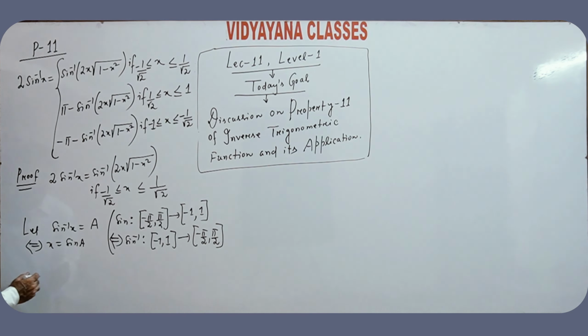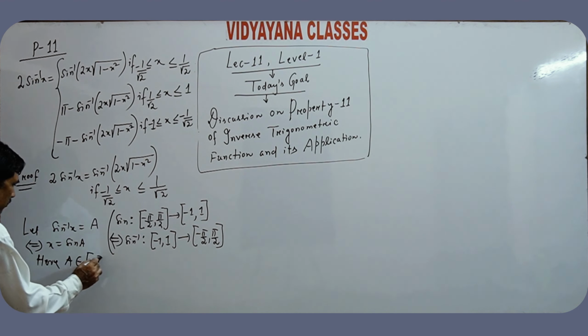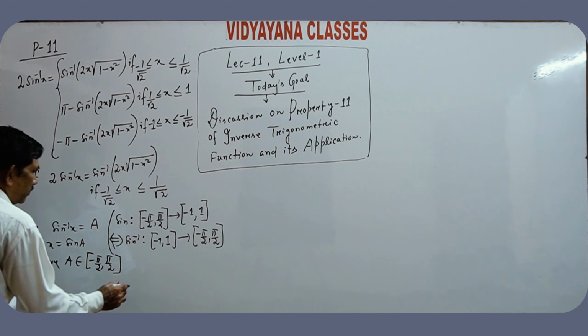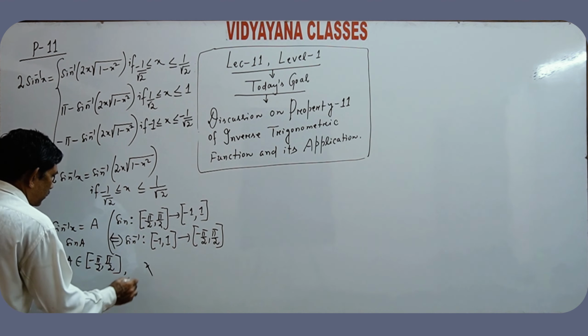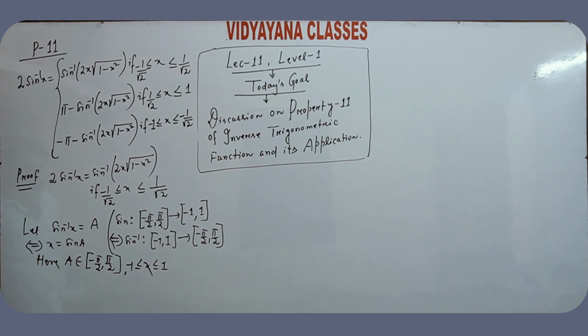Here a belongs to the closed interval minus pi by 2 to plus pi by 2, and x is greater than or equal to minus 1 and less than or equal to plus 1.